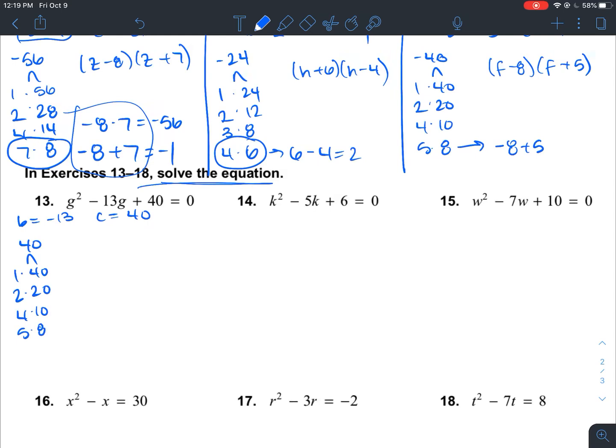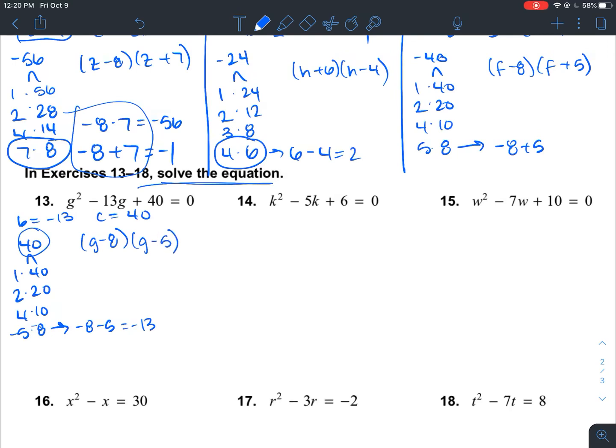Which of these can combine to be negative 13? So that would have to be here, where it'd have to be negative 8 and negative 5. Negative 8 minus 5 is equal to negative 13, but negative 8 times negative 5 gives us positive 40. So the factors are g minus 8 times g minus 5.